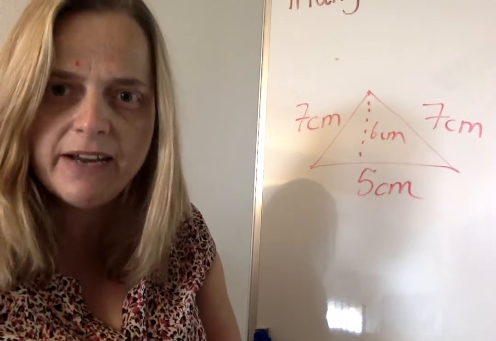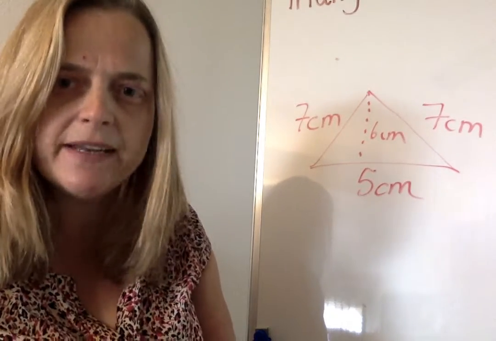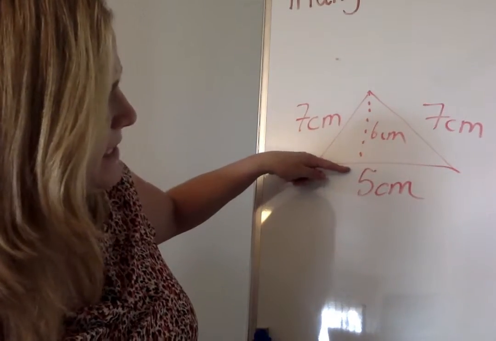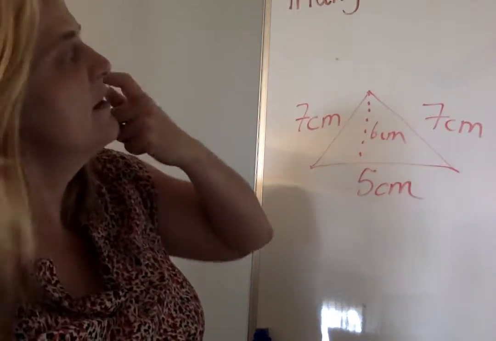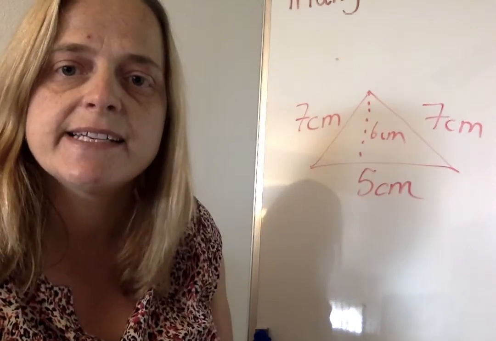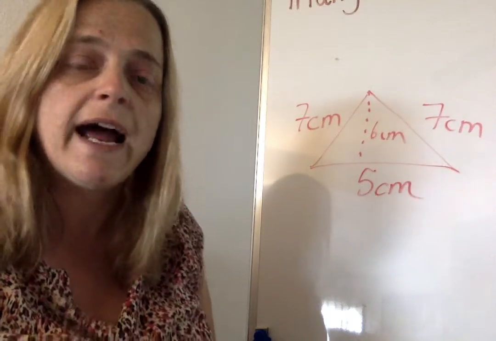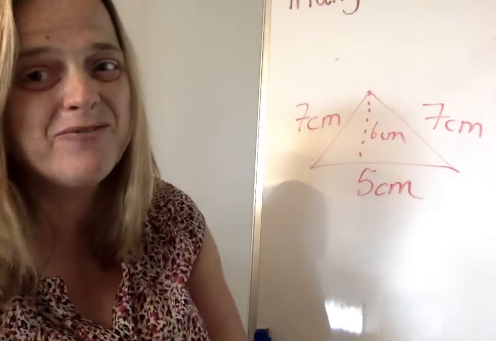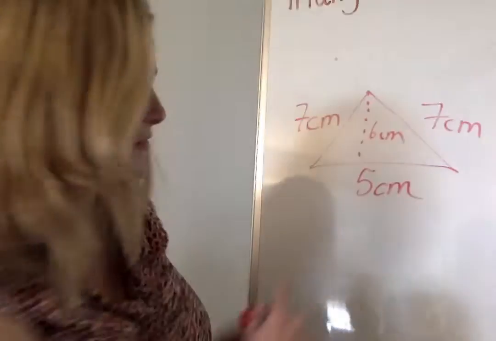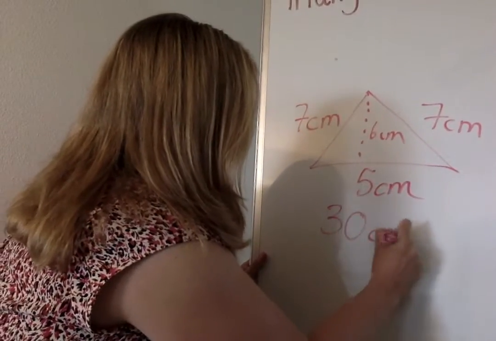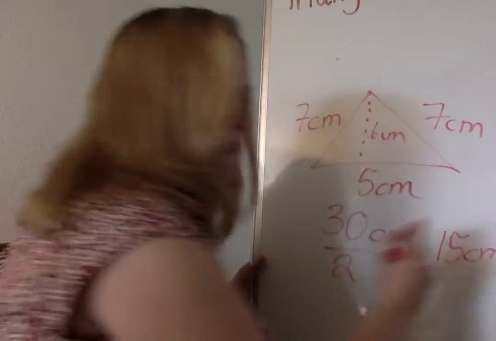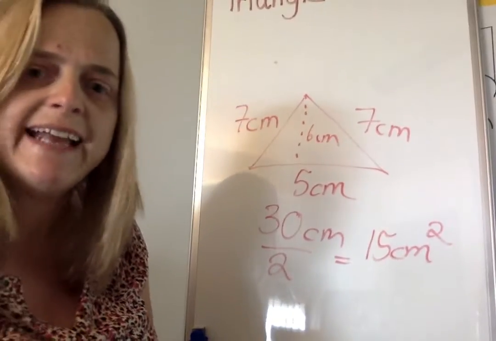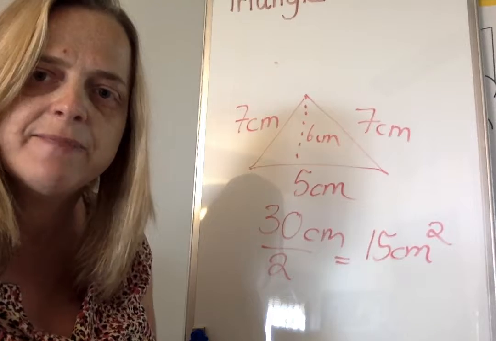But to find the area, you're going to use the perpendicular line, the line that's from the base to the height of the triangle, okay? So now the formula is base times height divided by 2, or half the base. I'm going to do base times height again. 5 times 6 is 30. 30 centimeters divided by 2, 15 centimeters squared. And don't forget your little square, okay?